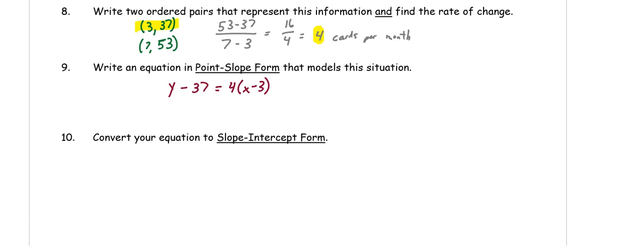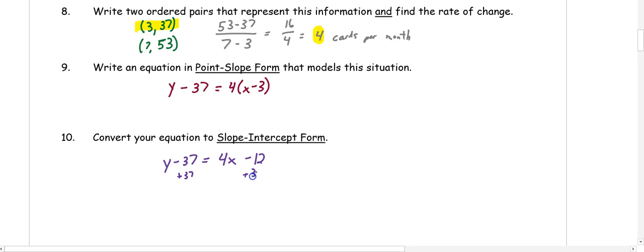So the first thing we want to do is distribute that 4. So we get y minus 37 equals 4x minus 12. And then we're going to add 37 to both sides. And we get y equals 4x plus 25.